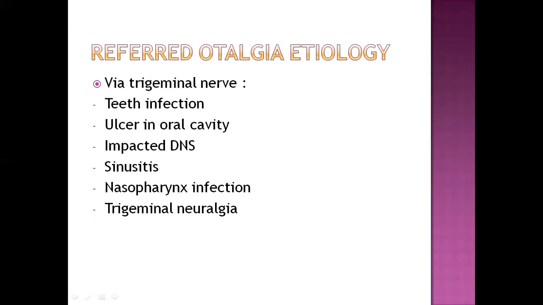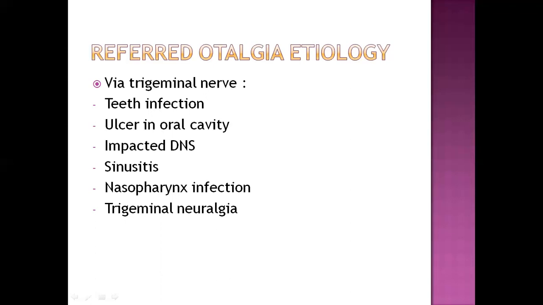When there is impacted DNS, through the nasopharynx and eustachian tube, the same bacteria or pathogen can travel to the middle ear, which can cause otalgia. Ear, nose, and sinuses are closely related to each other. So infection and inflammation in one part might create an effect in another part.